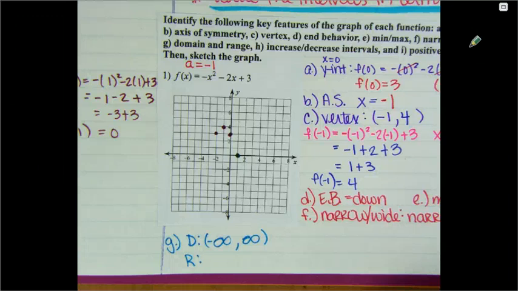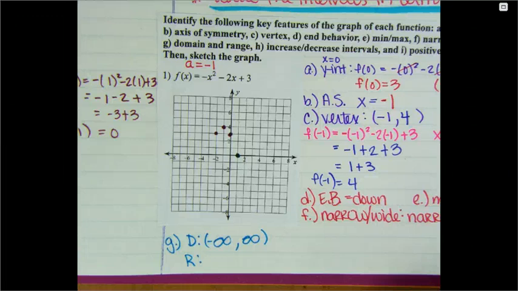Since it's in terms of x, I'm coming from what number? Because remember, this is never stopping. So what is that x value I'm coming from? Negative infinity. And I'm stopping right there at what point? It's not 4 because I'm talking in x's. Negative 1. So my increasing is from negative infinity to negative 1.